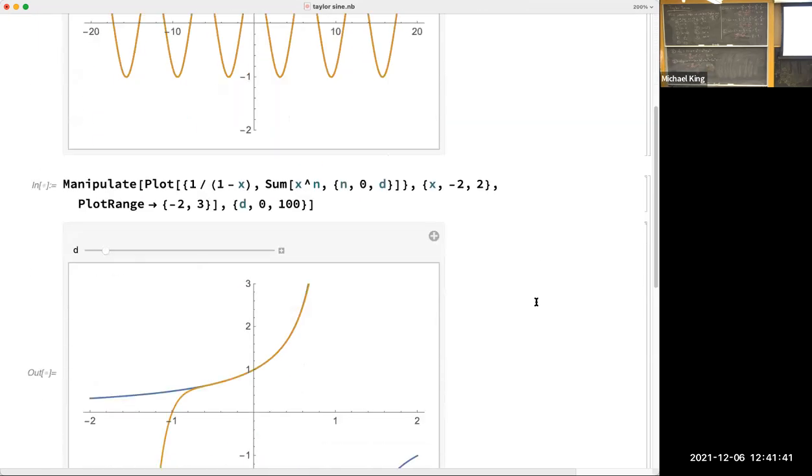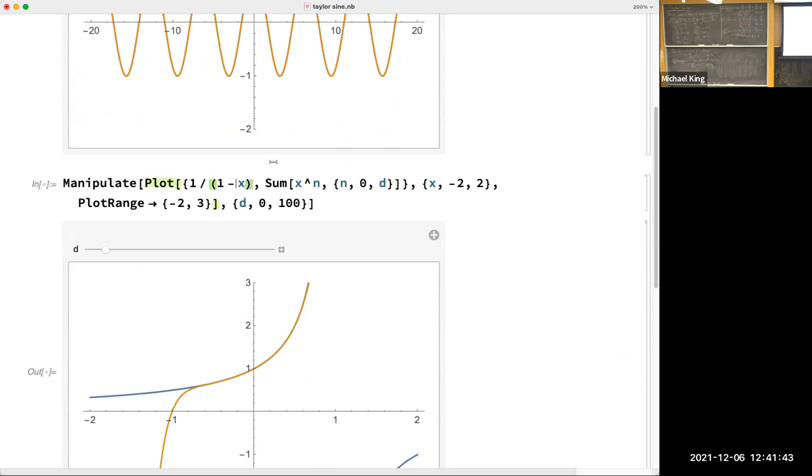But if you try 1 over 1 plus x. So we just said that's minus 1 to the n times x to the n, right? That's number 4 right there on the board.